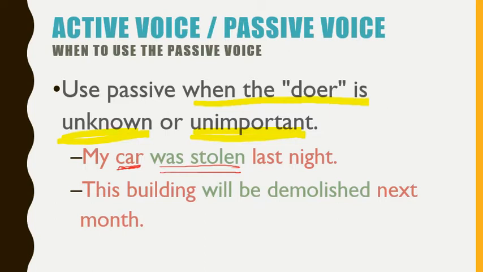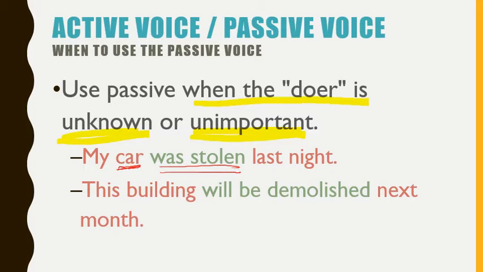Okay, in a different sentence, once I find out it was my cousin, then I would want to emphasize, oh, my cousin stole my truck, my car yesterday, and I would start with my cousin as the beginning of the sentence, making it the subject. But in this case, what's more important is the car being stolen, so this is why I start with the car.